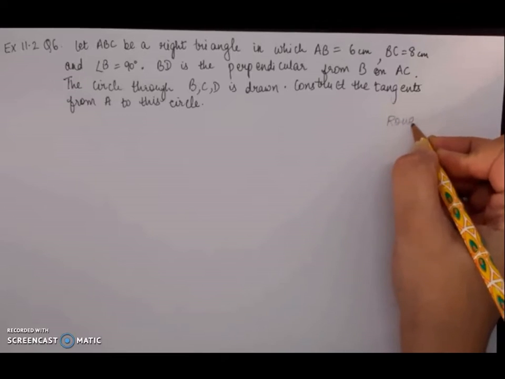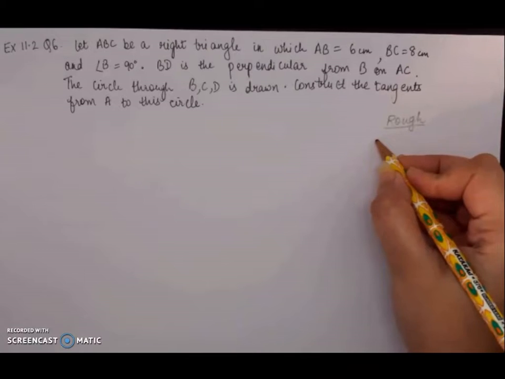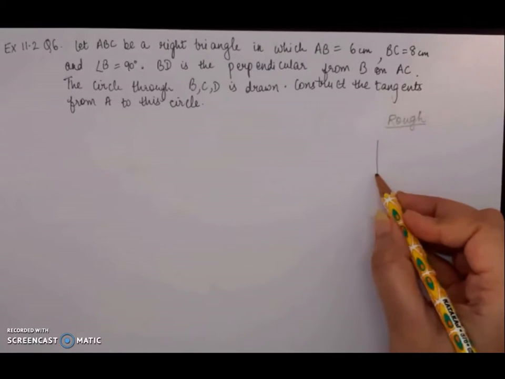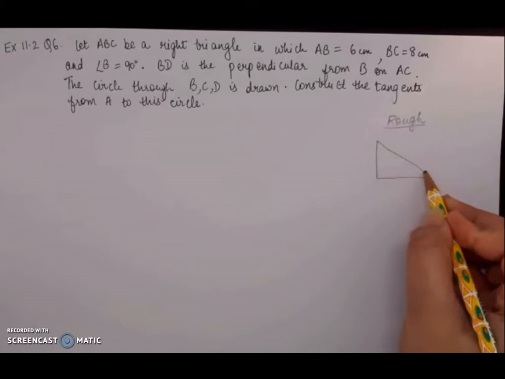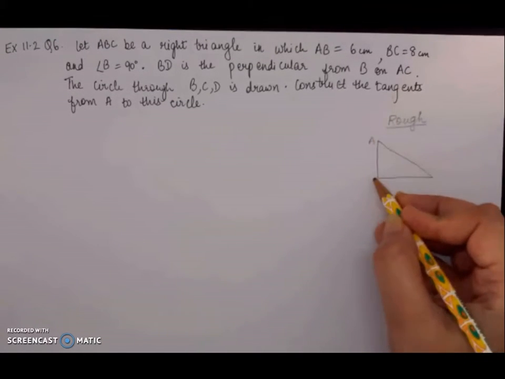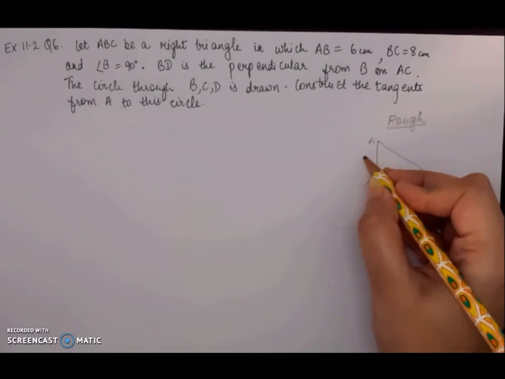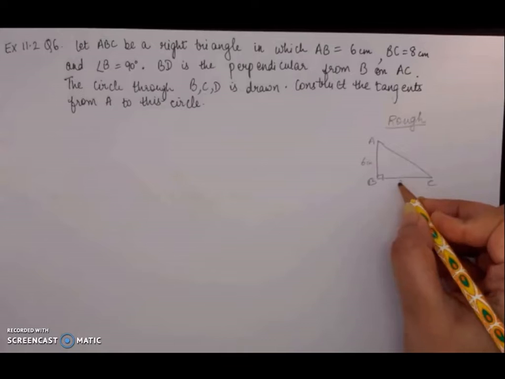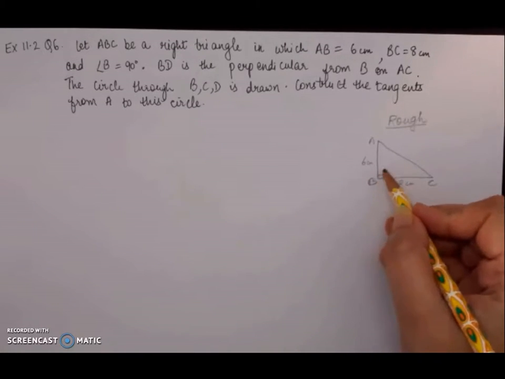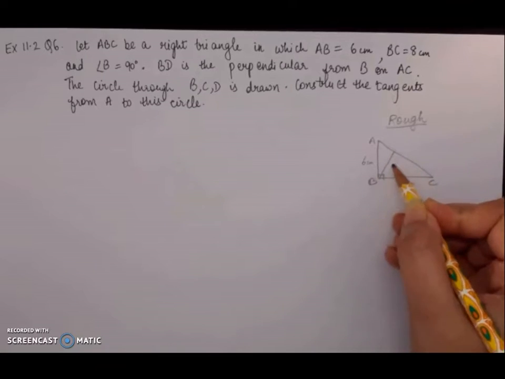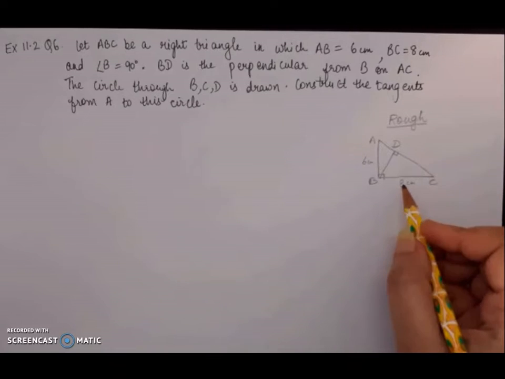First we will see the rough figure for this question. So the first step will be to construct a right angle triangle ABC, which is right angled at B. BC is 8 cm and AB is 6 cm. After constructing this triangle, we have to construct an altitude BD of this triangle.